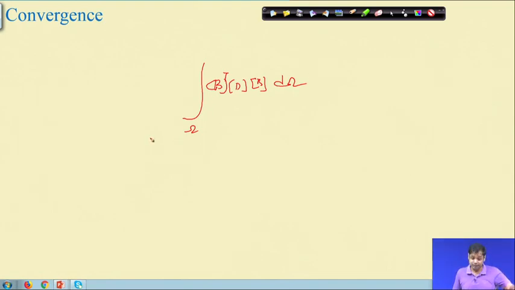Now, the domain can be of different kinds. So, this integration may not be possible in a closed form most of the time. So, we have to follow a numerical technique, and that is an important aspect in the finite element method. We'll discuss that integration in the next class.